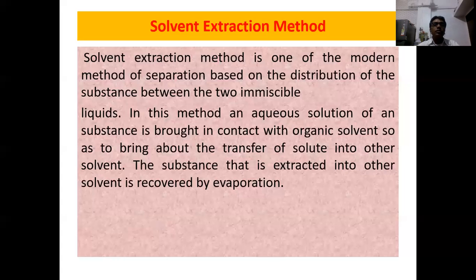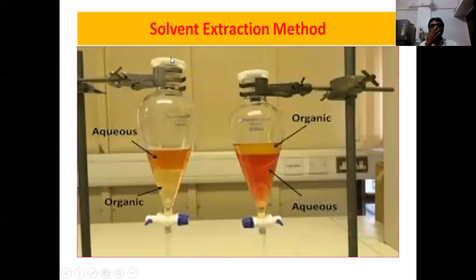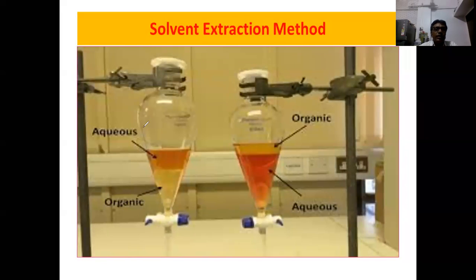Using the diagram here, we can explain the solvent extraction method. You can see in this diagram, the separating funnel is given. In the first diagram, there is one solvent, that is aqueous, and the other solvent, that is an organic solvent.